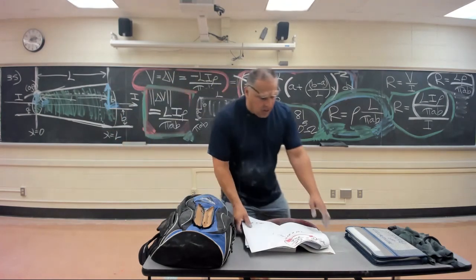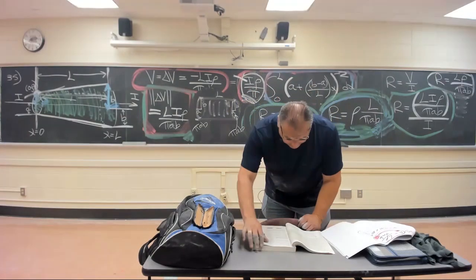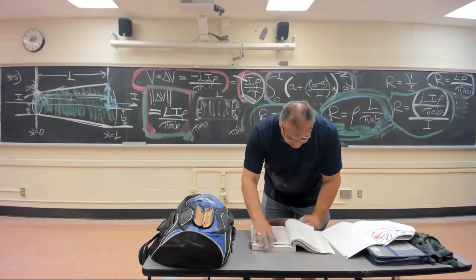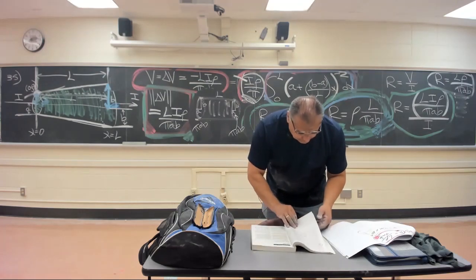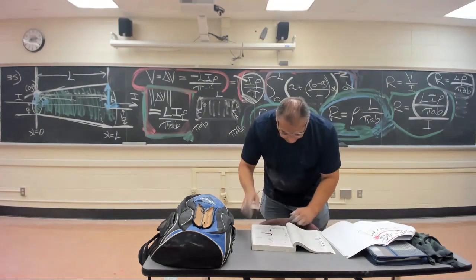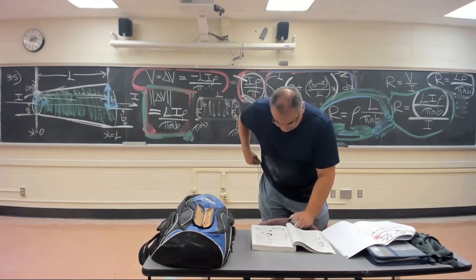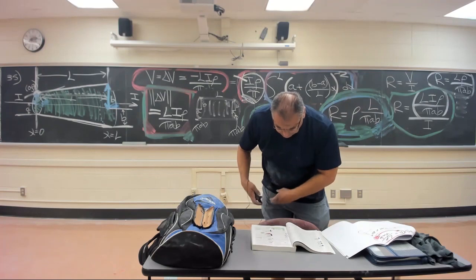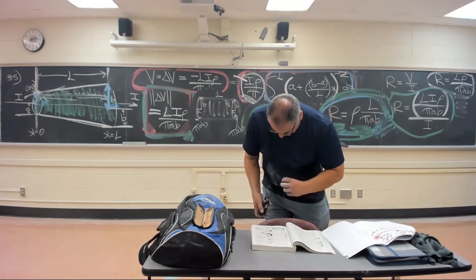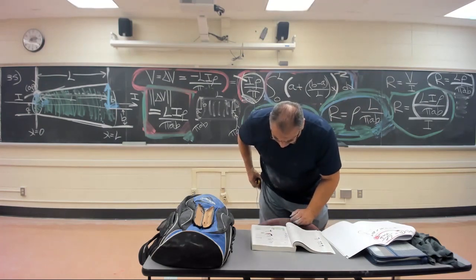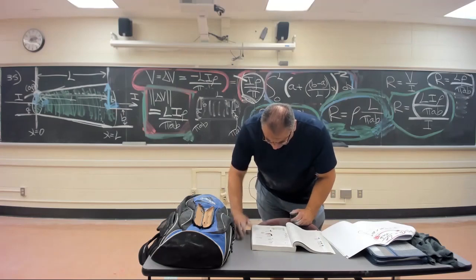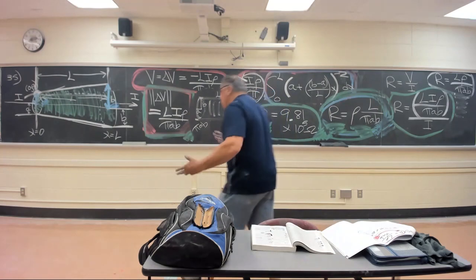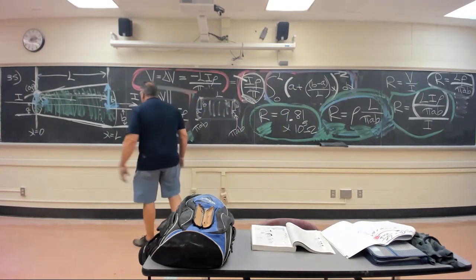I think the radii that they were talking about, if we're careful about it, are 2 millimeters and 2.3 millimeters. A is 2 millimeters, B is 2.3 millimeters.